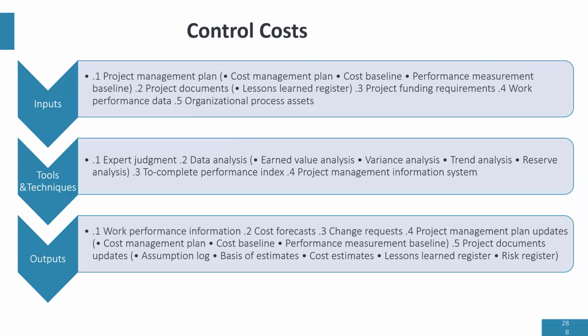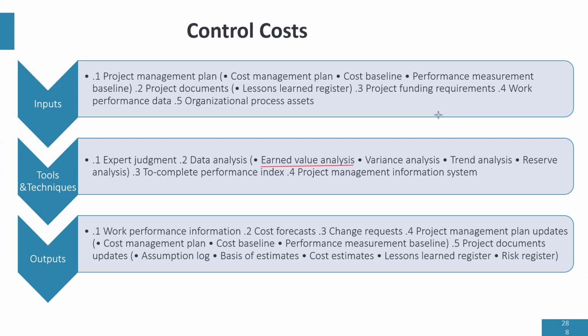So I'm going to go straight into this, but let me paint a picture of what's going on. Now, this is a monitoring and controlling process. It's important you know the process group of your process, because when you're monitoring and controlling, it means that we're looking for variance if it exists and making corrections.